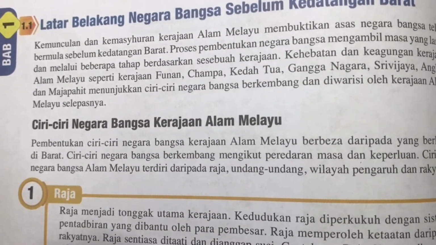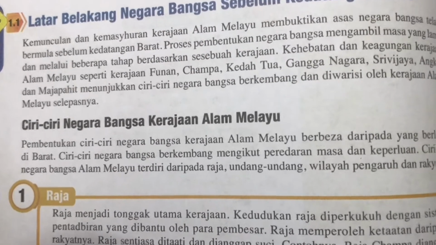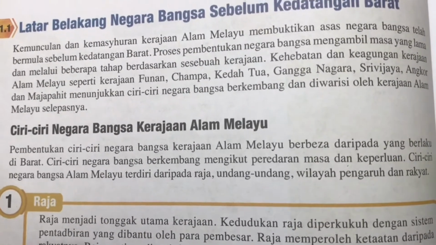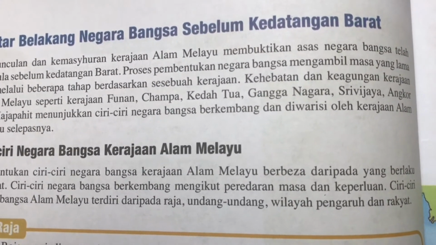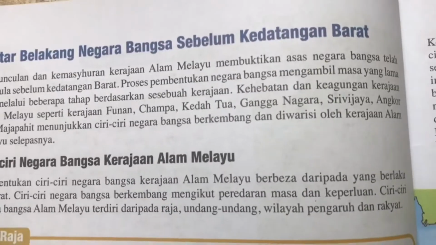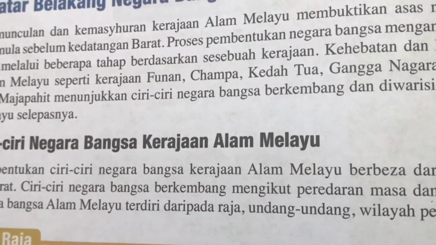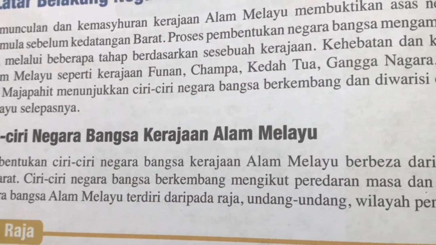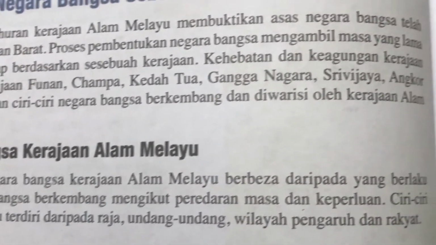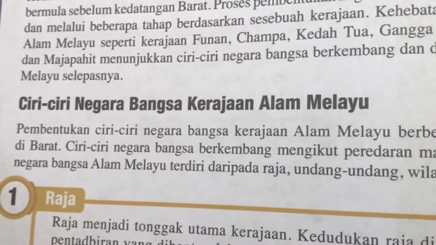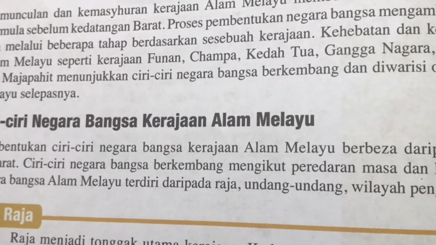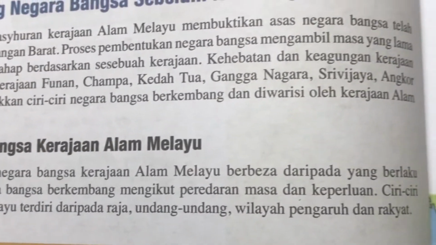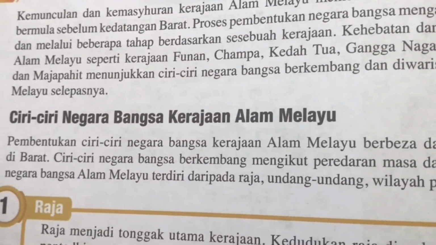Wake up! Okay. Sekarang kita baca, tengok ciri negara bangsa. So, saya nak kamu tengok. Tapi kalau kamu lihat di sini, kehebatan dan keagungan kerajaan Melayu seperti kerajaan Funan, Champa, Kedatuan Gangga Negara, Sriwijaya, Angkor dan Majapahit menunjukkan ciri-ciri negara bangsa berkembang dan diwarisi oleh kerajaan alam Melayu selepasnya.